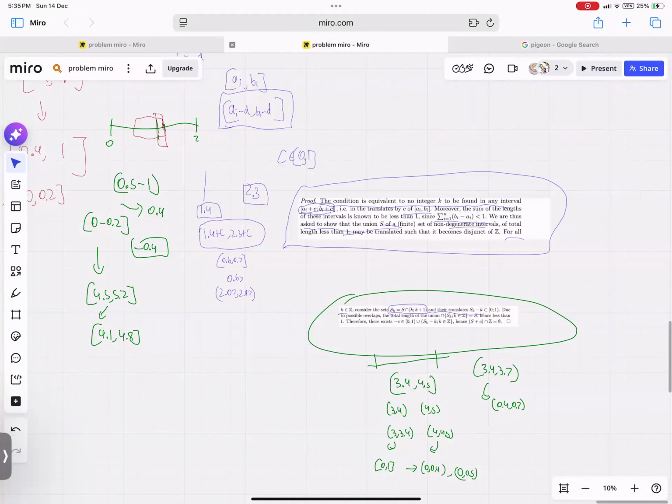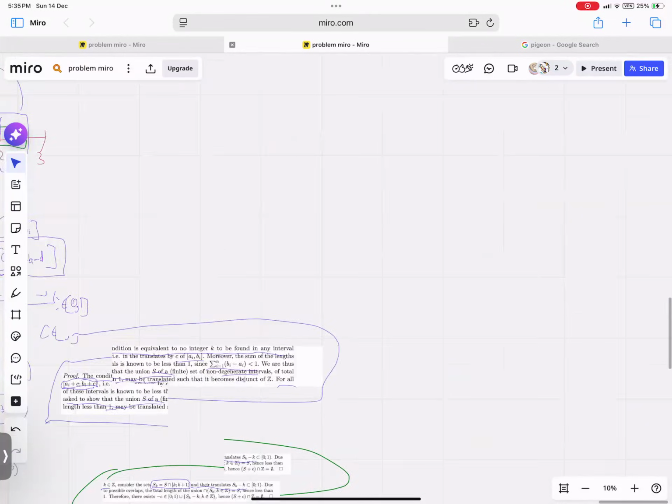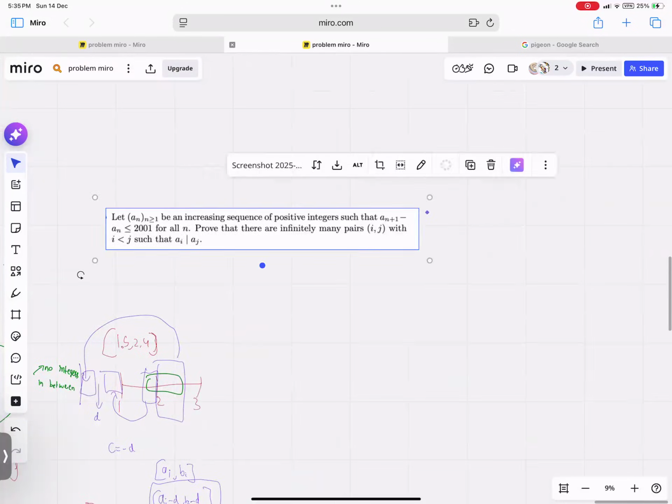I'll share the problem that motivated me to do this class in the first place, a problem that I found very, very cool. I have stopped using the frame since it has gotten a bit messy.